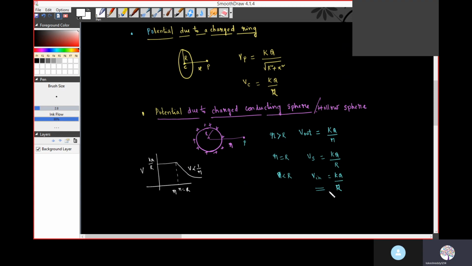Very important: inside the conducting sphere, the potential is constant.